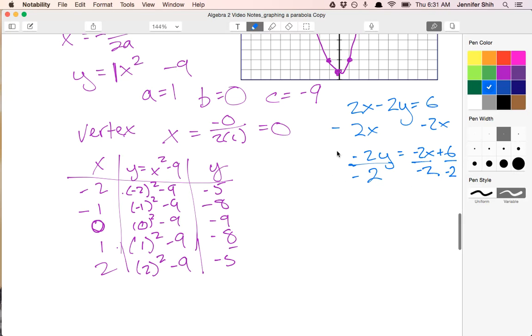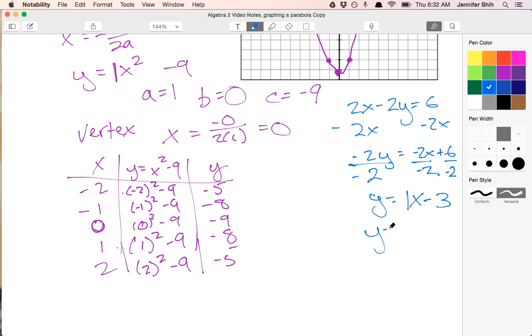So if you need to annotate that in your notes, you're like, I don't know how to isolate y. You need to annotate. It is negative 2 times y. To undo negative 2 times y, divide by negative 2. Okay, so y is equal to negative 2 divided by 2 is positive 1, x. 6 divided by negative 2 is negative 3.